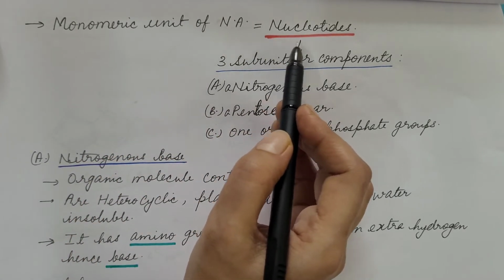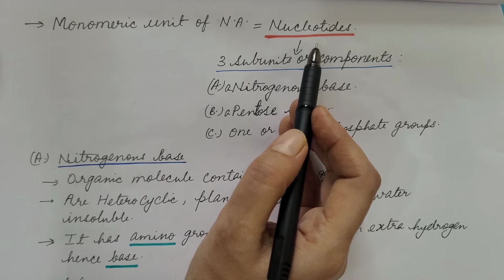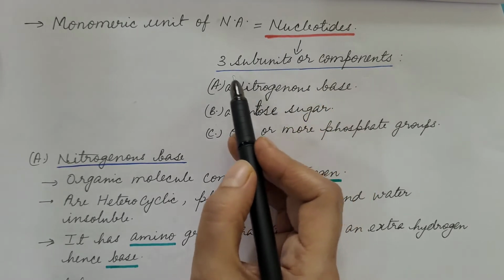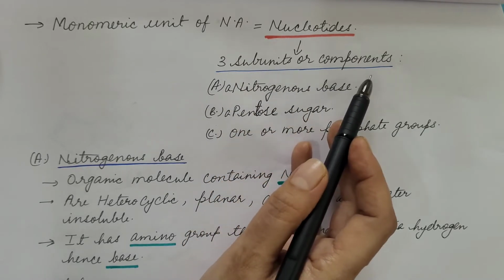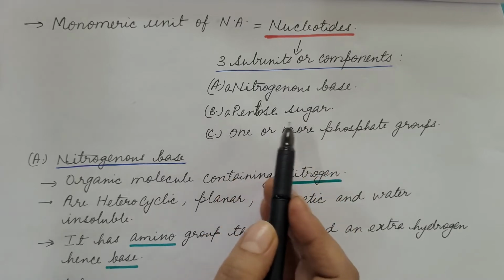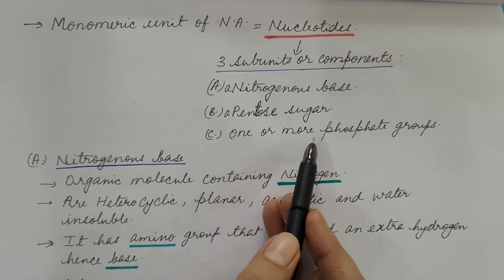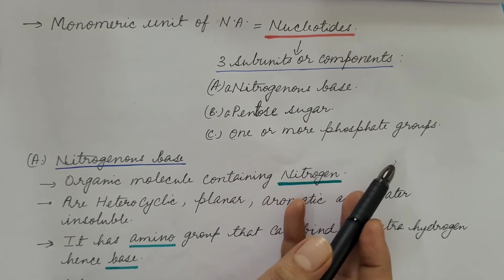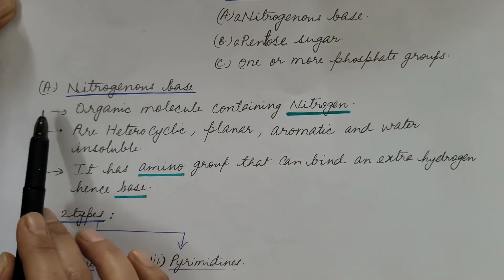This monomeric unit is the nucleotide. Hence, nucleic acid is also known as polynucleotide. There are three subunits or components of nucleotides: a nitrogenous base, a pentose sugar, and one or more phosphate groups. Let us see them one by one.